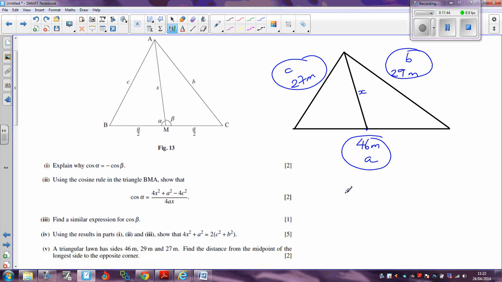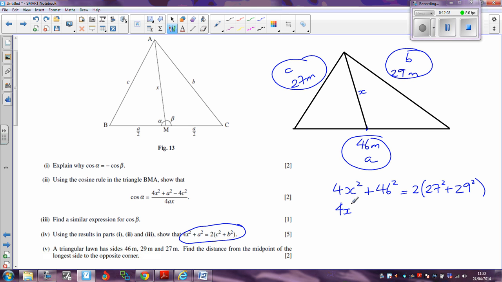So if we go back to this expression here, 4x squared plus 46 squared is equal to 2 times 27 squared plus 29 squared. So all I've actually got to do is stick that into my calculator.